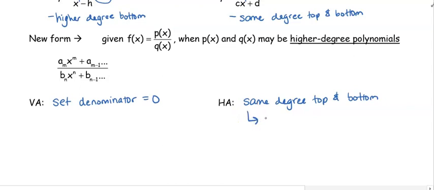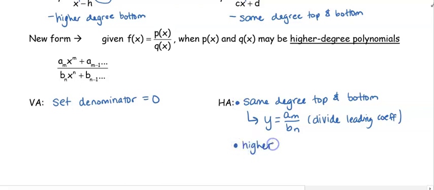So that horizontal asymptote is going to be y equals a sub m over b sub n. And again, that's just a fancy way of saying divide leading coefficients. So if we have the same degree on top and bottom, we divide the leading coefficients.